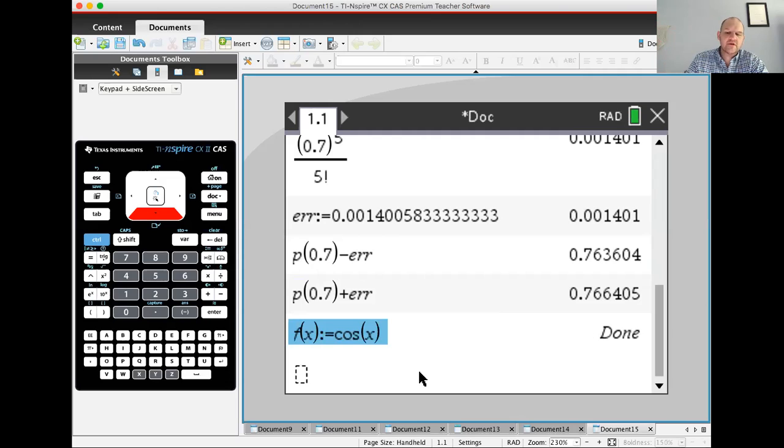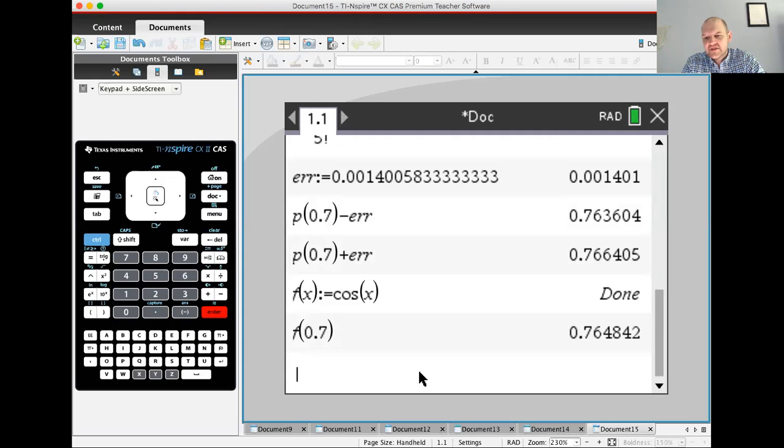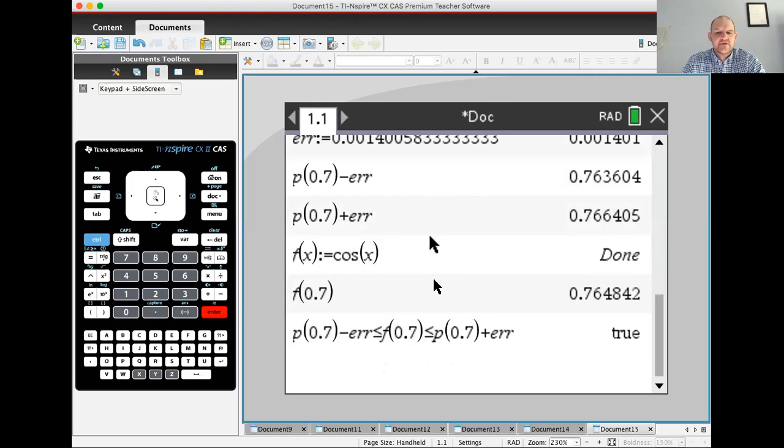The 3 decimal rounding will never happen on the AP exam because they're very careful about it. It might happen on a problem that I write because I am not careful about it. The actual value could potentially fall outside of the interval that we wrote, but here it's 0.7648, so it's definitely inside there. If we check, this less than or equal to F of 0.7 less than or equal to this should just say true. And it does.